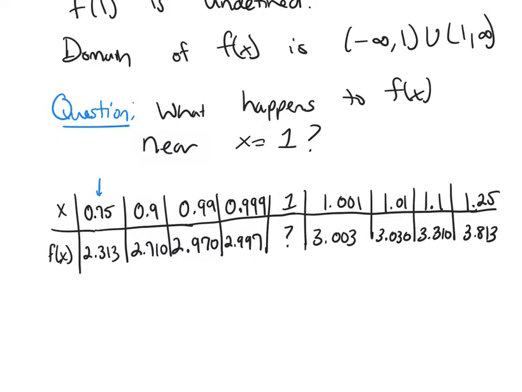So let's see what happens as I get closer to 1. As I increase up to 1, what does it look like my values in the bottom are getting closer to here? So it looks like I'm getting closer and closer to the number 3.